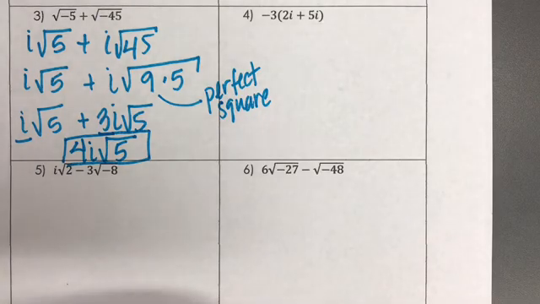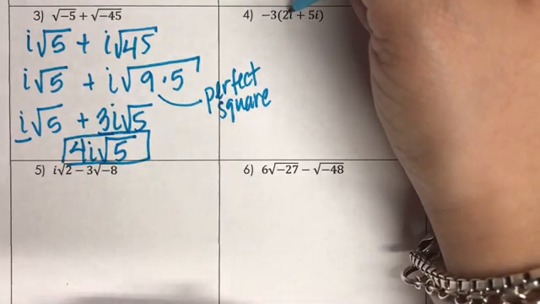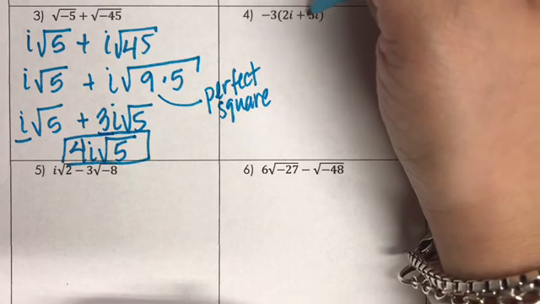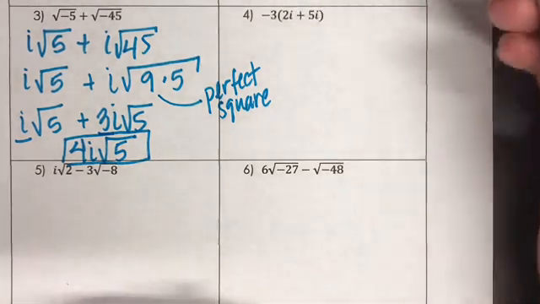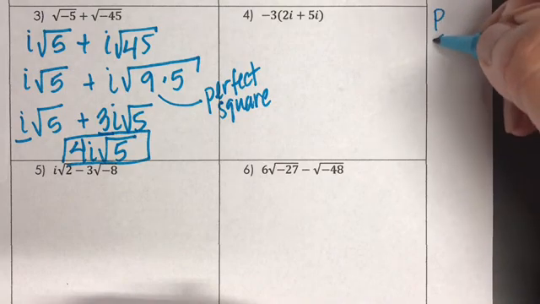Number 4 is going to be negative 3 times 2i plus 5i. So again, we're going to use PEMDAS.